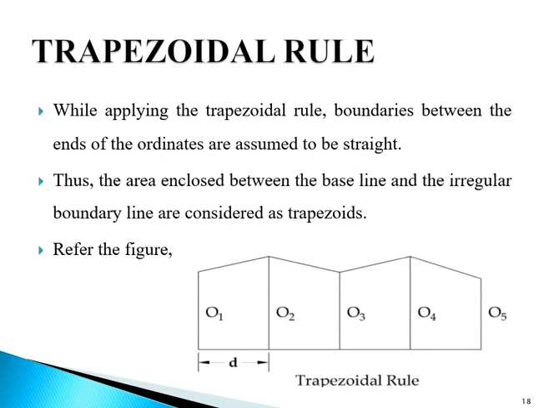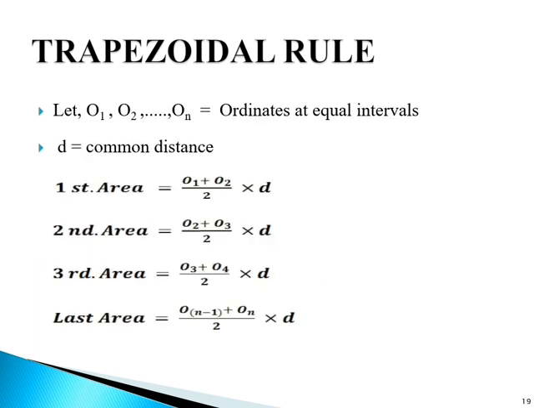The first area will be O1 plus O2 divided by 2 into d. Similarly, the second area will be O2 plus O3 divided by 2 into d. The third area is equal to O3 plus O4 divided by 2 into d, and so on.